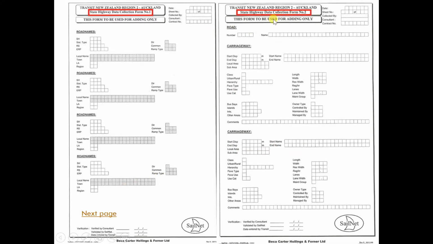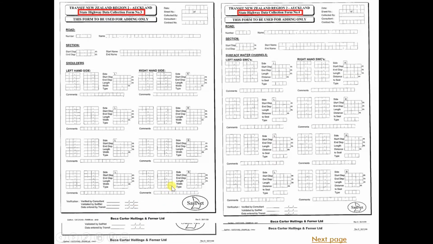This is form 1, form 2. And then the roads, shoulder, surface water channel. Because these are road surveys, pavement surveys, sometimes they cover the roadside drain as well, and the shoulder as well, not only the pavement.